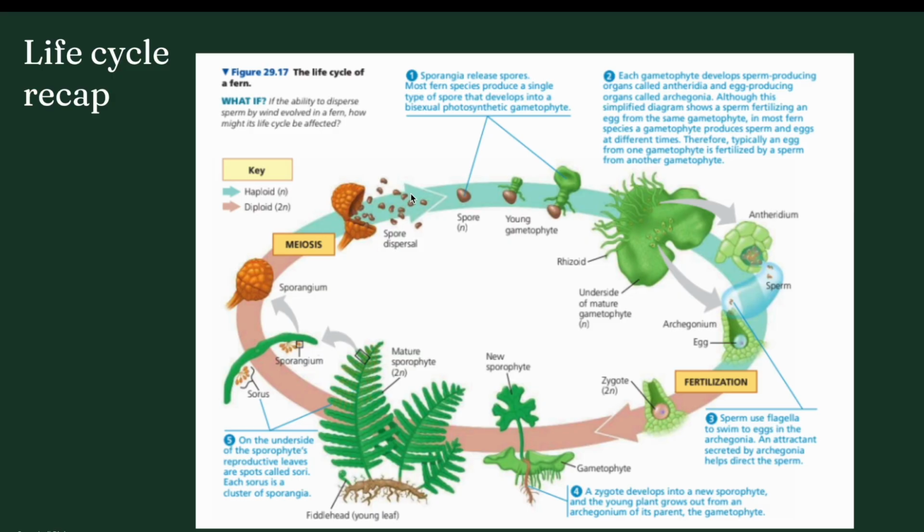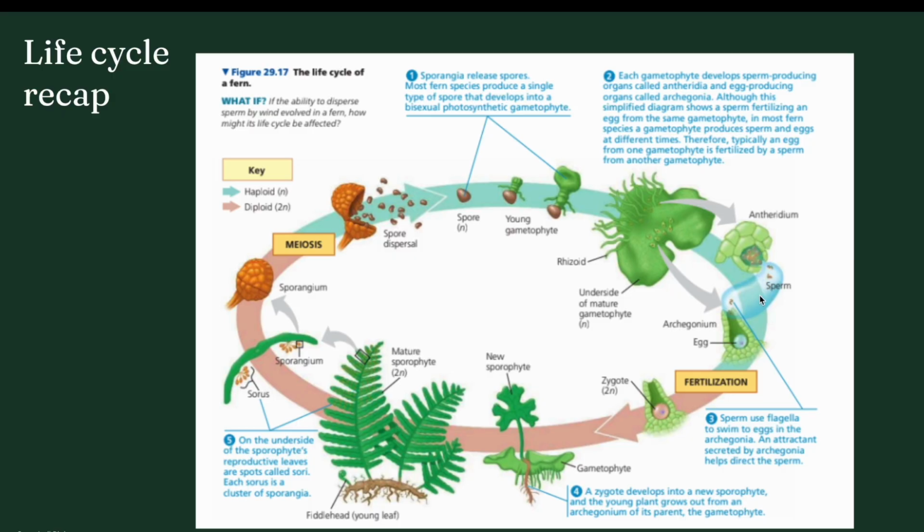They will release spores. In this case, it's a fern, so it's homosporous, producing one type of spore that will germinate into the gametophyte, the bisexual gametophyte in this case, because it produces both sperm and egg. Sperm in the antheridia and egg in the archegonia.